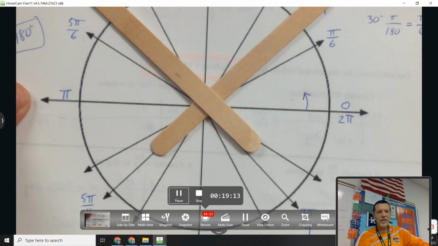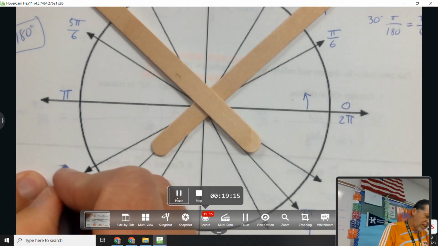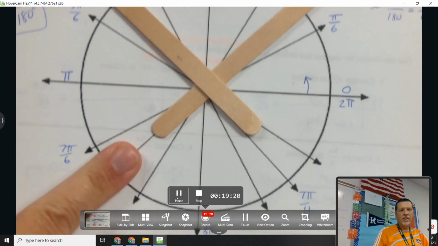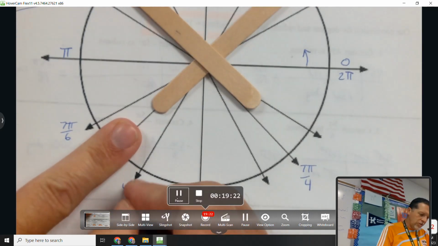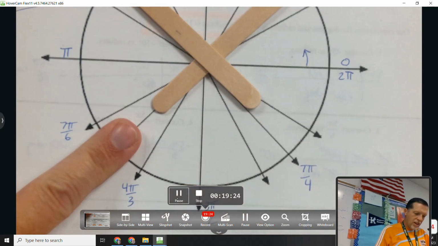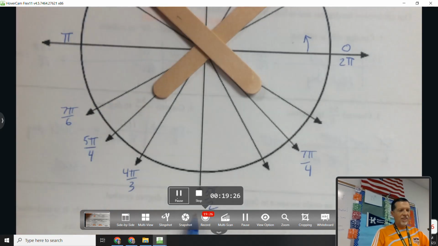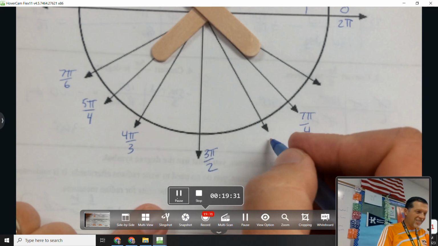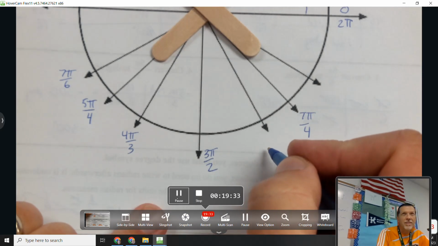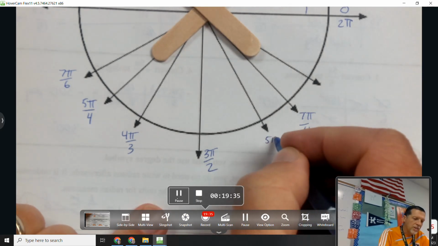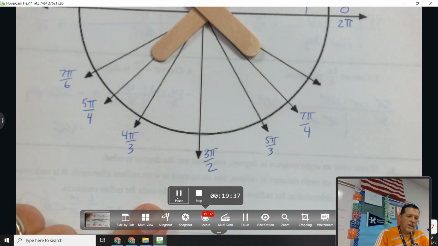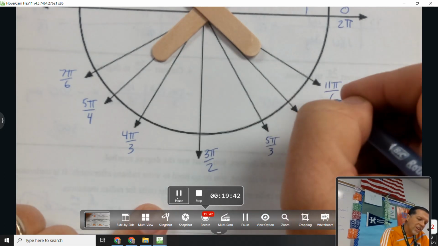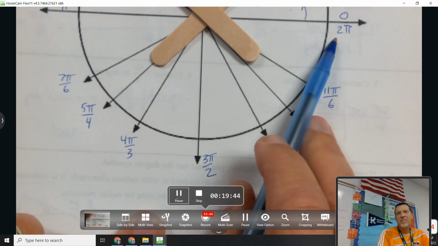Fine, that's there. 7 over 6. 8 over 6, also known as 4 pi over 3. 9 over 6, which is 3 pi over 2. 10 over 6, that's 5 pi over 3. Here's 11 over 6, and I end at 12 over 6, also known as 2 pi.